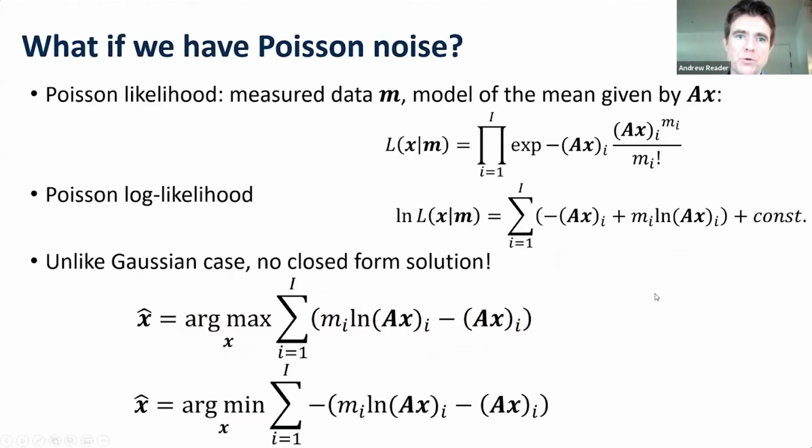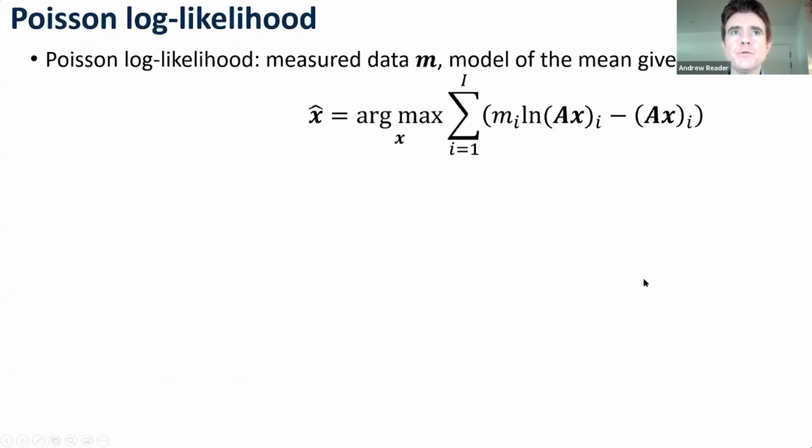And that's equivalent, of course, to minimizing the negative of the Poisson log likelihood. And I guess in optimization, we often like to minimize things. So you'll have to start talking about the negative Poisson log likelihood if you want to put it in a minimization context. So let's quickly talk you through an algorithm that does that.